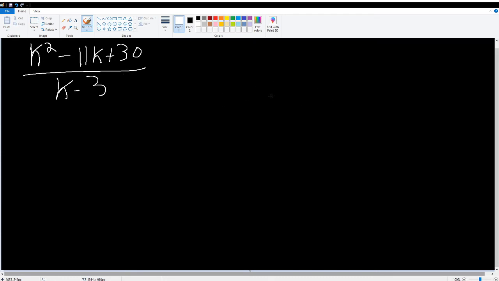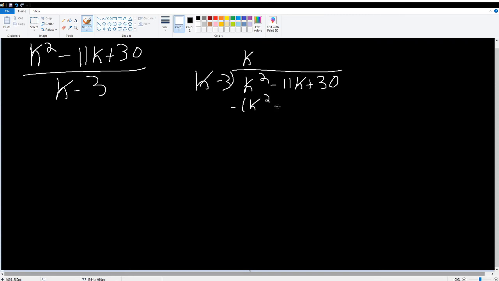Once again, let's rewrite it in long division format. k squared minus 11k plus 30 is my dividend. My divisor is k minus 3. How many times does k go into k squared? Well, k times. So I do minus k squared minus 3k, which crosses out.